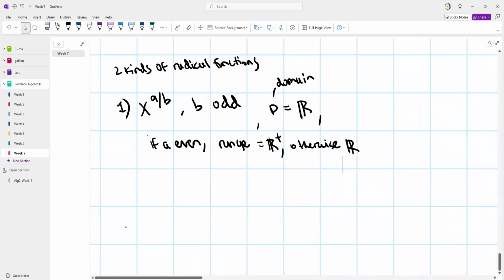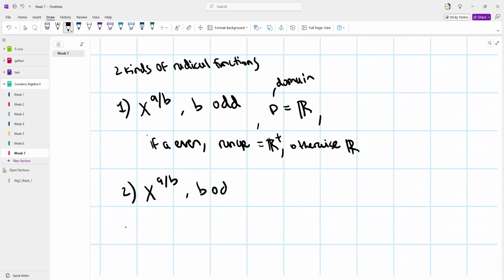And the second case is if you have x to the power of a over b, and b is even, and this a over b is fully simplified. In this case, the domain has to be greater than or equal to 0, right? Because we talked about this in the earlier weeks.